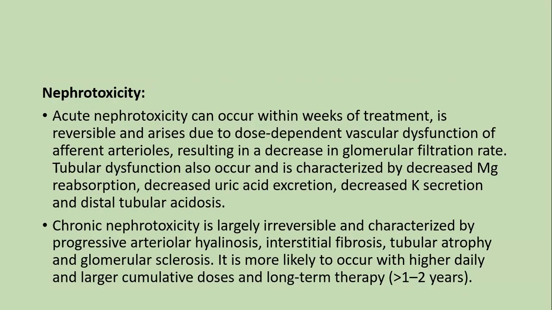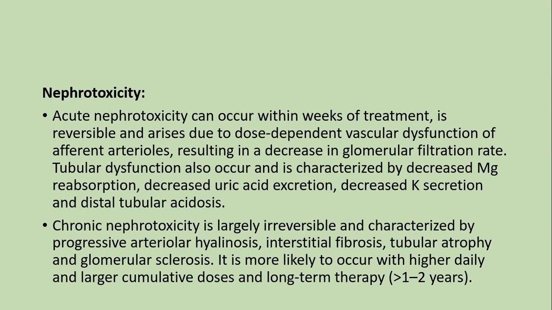Nephrotoxicity. Now, the acute nephrotoxicity occurs within weeks of the treatment, is reversible and arises due to dose-dependent vascular dysfunction of the afferent arterioles, resulting in decreased glomerular filtration rate.